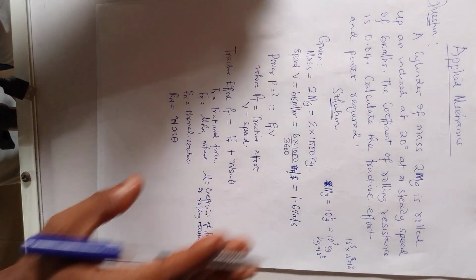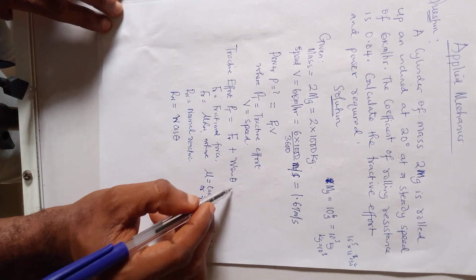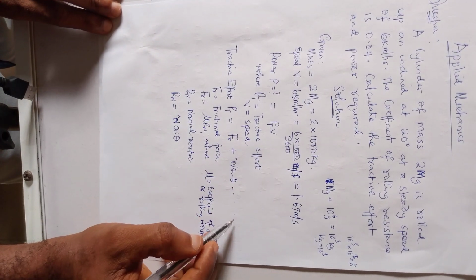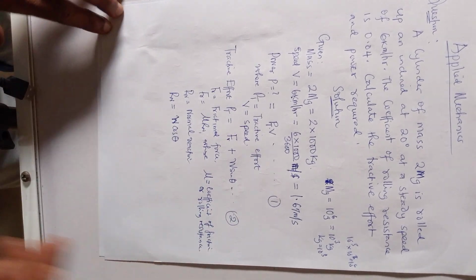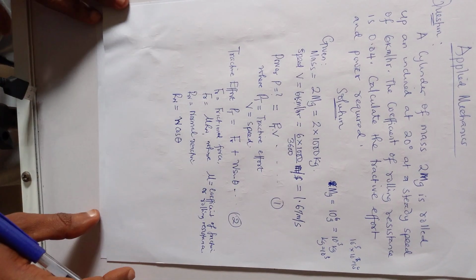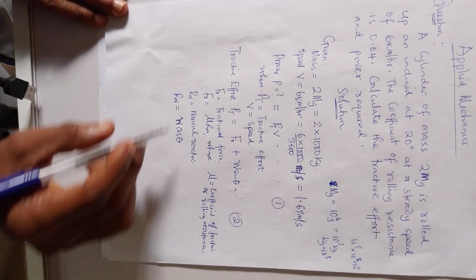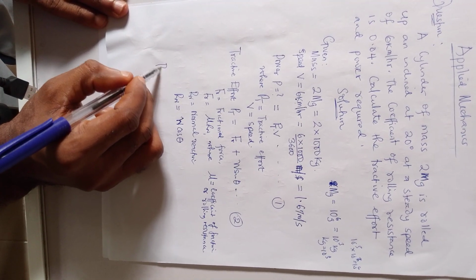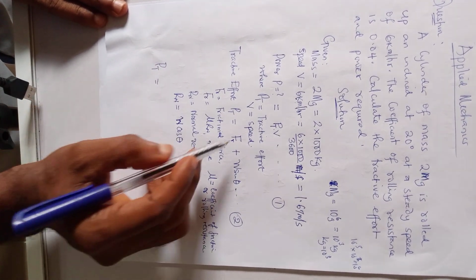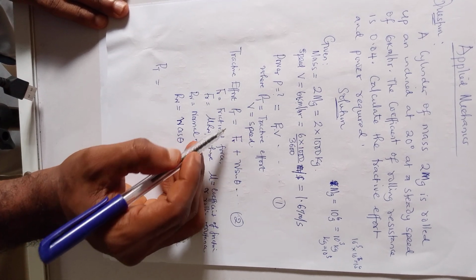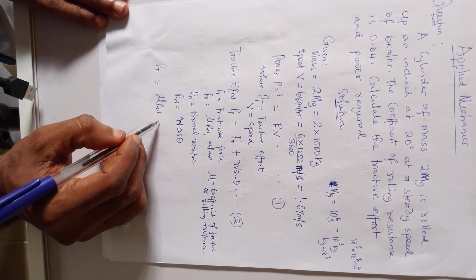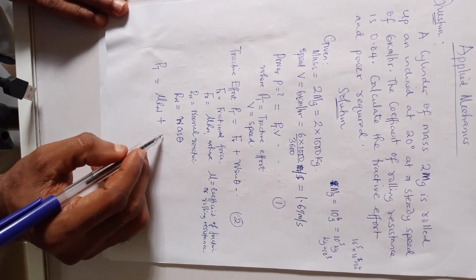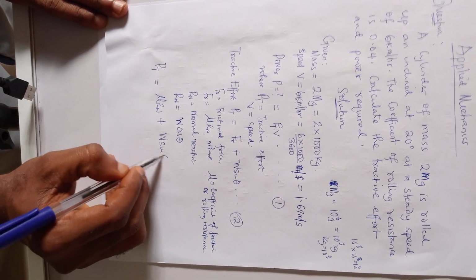And so if we bring all of this into this equation 1, okay, let's call this equation 1 and call this equation 2. So if we bring all of this interpretation into equation 1, we are going to have that tractive effort will be equal to, this Fr is mu Rn plus we have W sine theta.